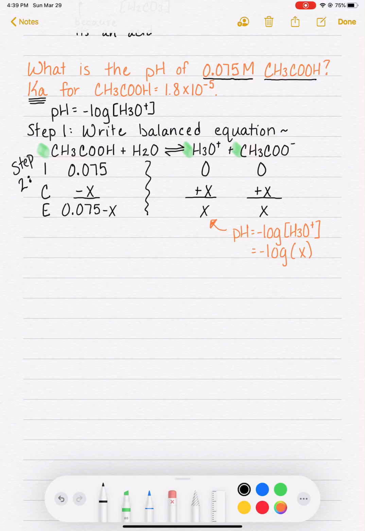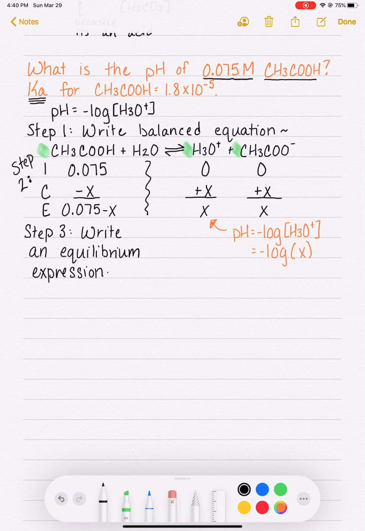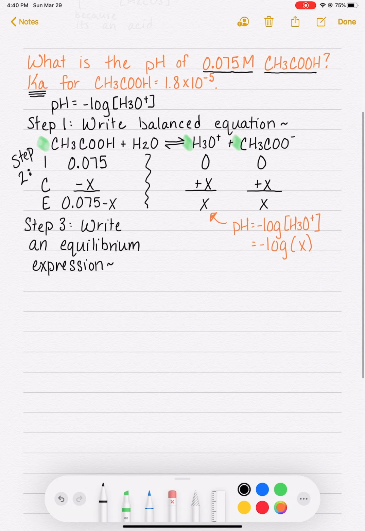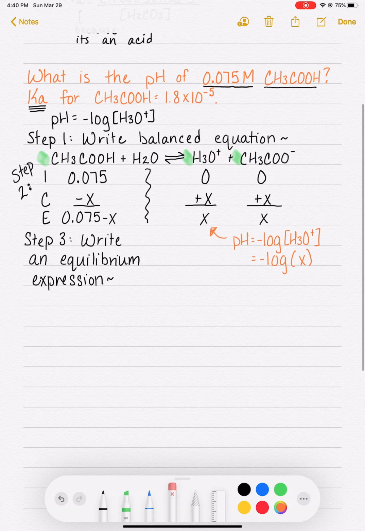What we need to do is go back to our equilibrium expression. So this is going to be our step 3: write an equilibrium expression. The equilibrium expression is going to be a Ka. Again, we know that it's a Ka because the problem told us this is a Ka.